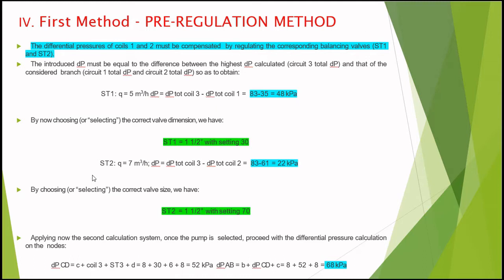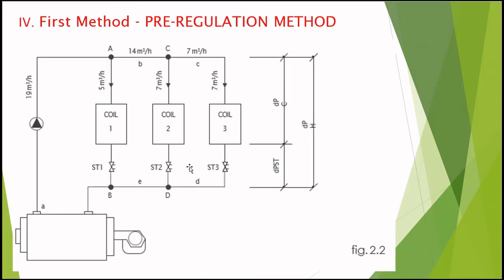So we can obtain static 1 equal to 83 total minus 35, which we calculated for circuit 1, and for static 2 the dP will be 83 minus 61, which is 22 kPa. These figures will be calculated for this one and this one after we find the total for each circuit. So ST1 is calculated, but ST3 is considered as from the catalog.